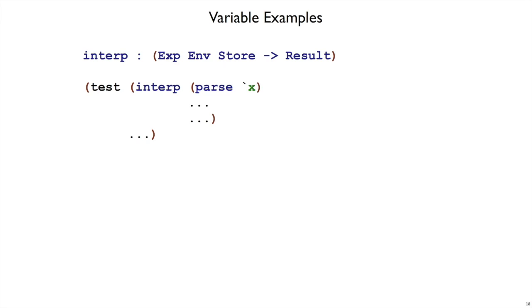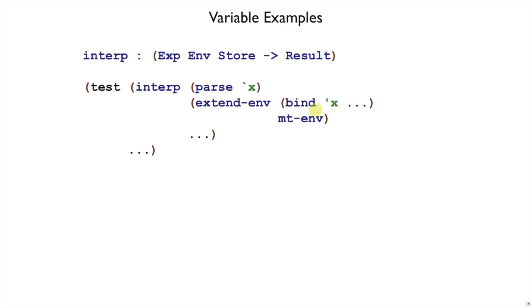Let's look at another example. Suppose we interpret the program that's just x. If we start with an empty environment, this is a boring test because it'll raise an exception, but we can put x in the environment, and then we can have this test produce whatever value we bind x to. We've changed our environment representation, so it maps symbols not to values anymore, but to locations.